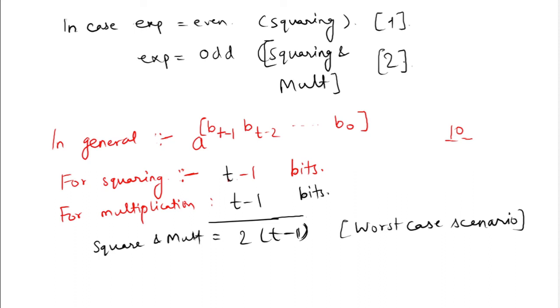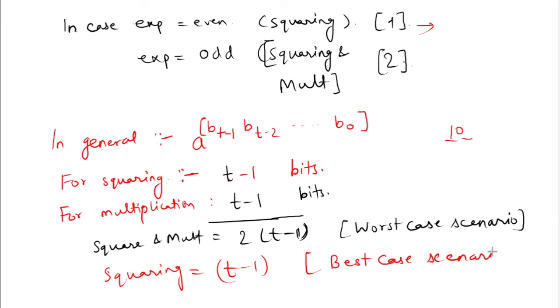And what would be the best case scenario? Only squaring will take place. So that will require 1 bit. So squaring requires t minus 1 bits, and it is the best case scenario where the number is even.